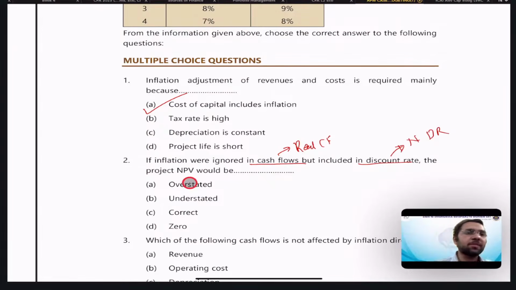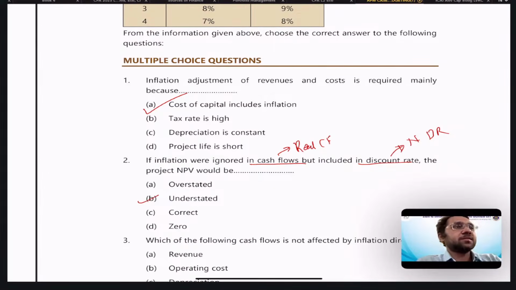The project NPV will be overstated, understated, correct, or zero? It's going to be understated, guys. Yes, sir. I feel and understand it.